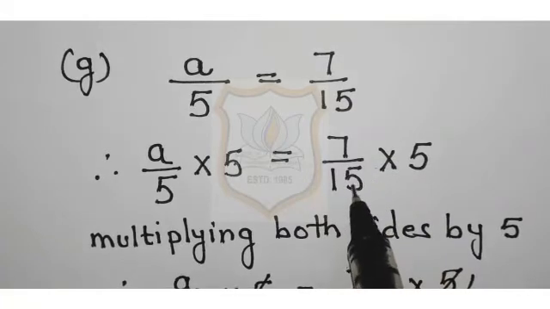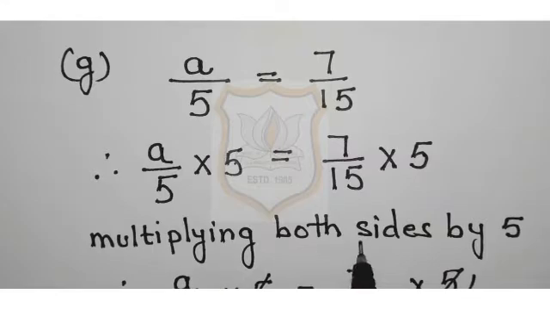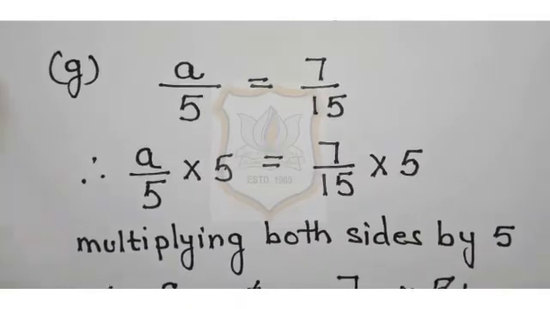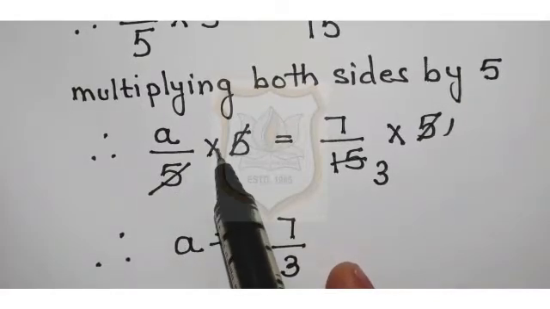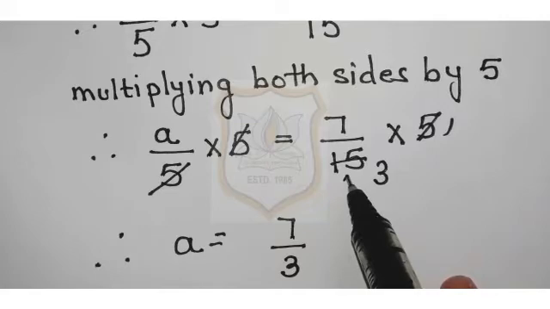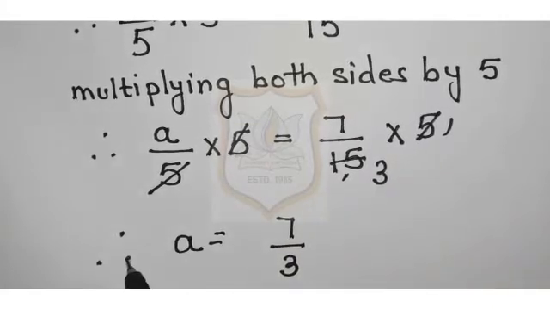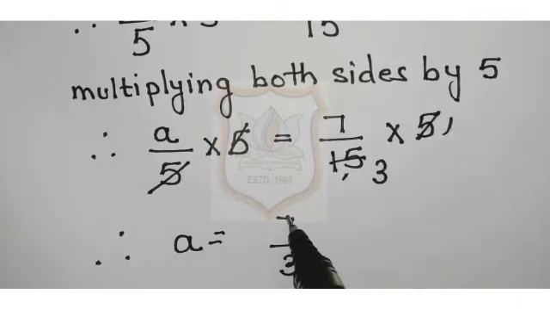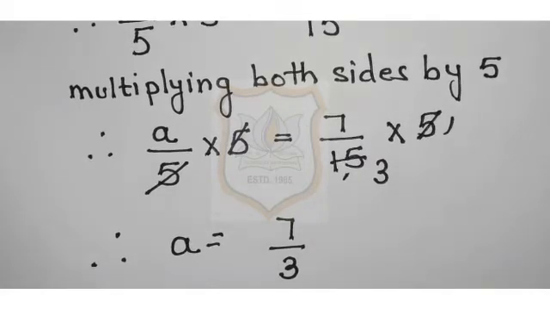So 7 upon 15 is also multiplied by 5. Now multiplying both sides by 5, A upon 5 into 5 cancels, that is equal to 7 upon 15 into 5. 5 ones are 5, 5 threes are 15. So our answer will be A is equal to 7 upon 3. This is the value of the variable A, that is equal to 7 upon 3.